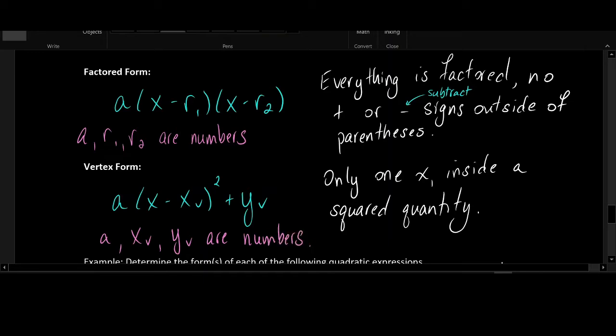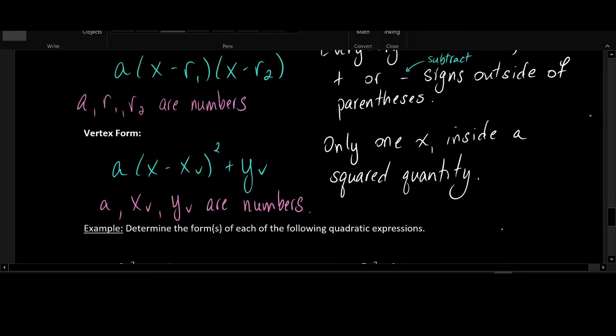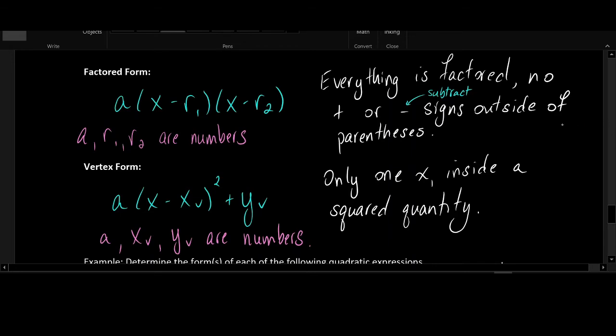And we'll see over the next couple of days why we use this notation r1 and r2, why we use this notation xv and yv, rather than some more generic sounding letters like b or c. So let's practice identifying the format in which a quadratic expression is written.